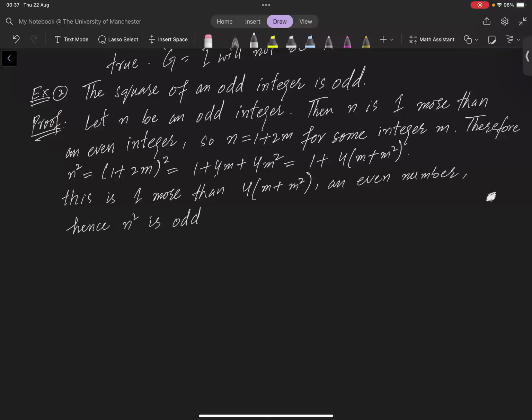Now, formally, we could have written this proof as a series of implications. We could have said n odd then n is 1 plus 2m, then n square is 1 plus 4 into m plus m square, then n square is odd.